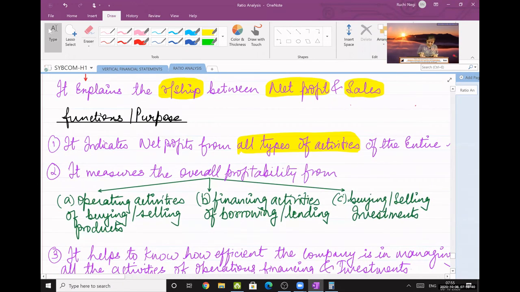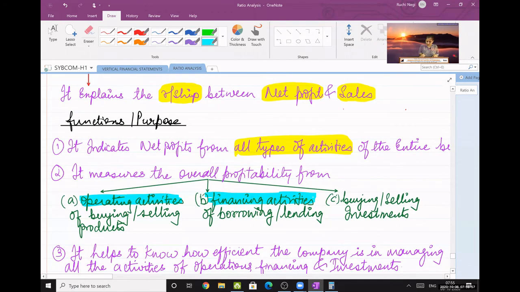See, here also it's mentioned. I just discussed, right? Operating activities, financing activities, and investment activity. So what is this activity? Operating activity: buying and selling of goods, finished goods.